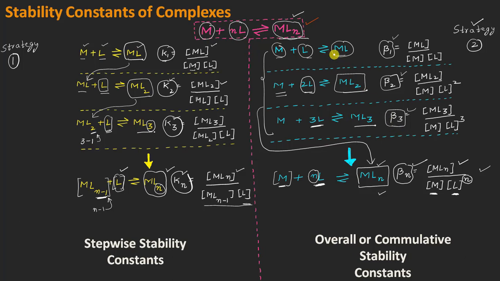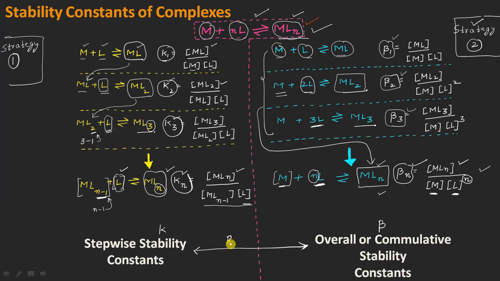But we are talking about the same reaction here and two different strategies. We can say that because the reaction is the same, there must be some relation between the K, the stepwise stability constants, and the beta, the overall or cumulative stability constants, right?